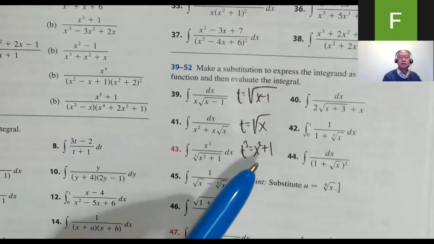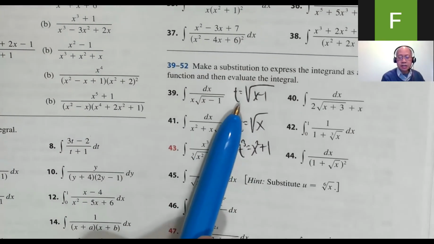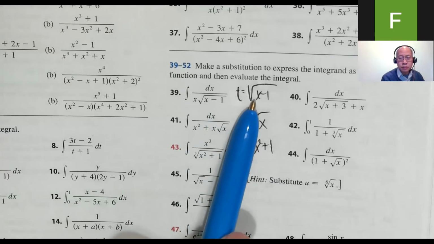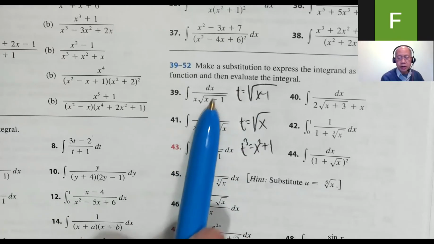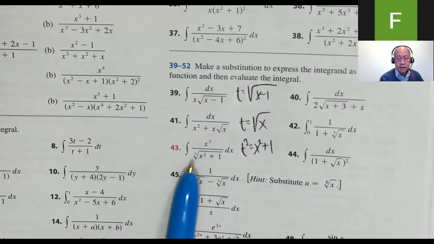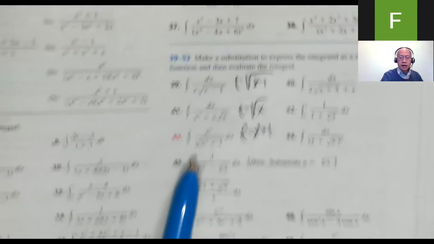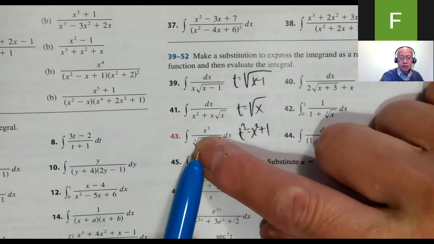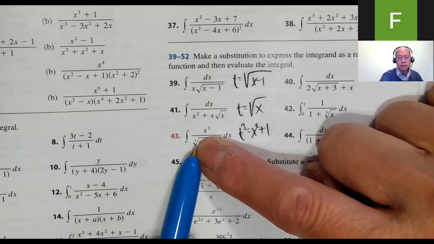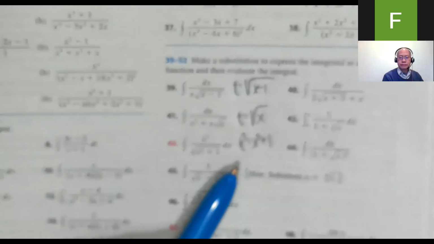I haven't shown you how to do any of these in its entirety. That's a substitution we would make: t equals radical x minus 1. That way you don't have to write the square root of x minus 1, you just call it t. And that one is t. And because of the cube root, I'm going to call everything behind my finger t cubed. The reason I want to do that is so that I can take the cube root of t cubed and I'll just end up with a t.